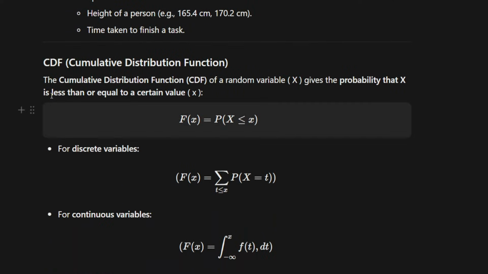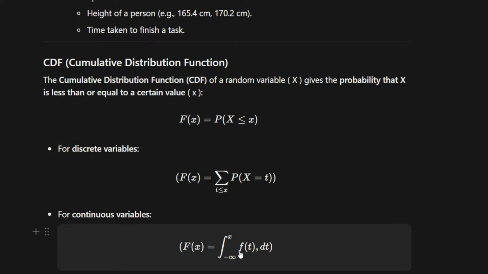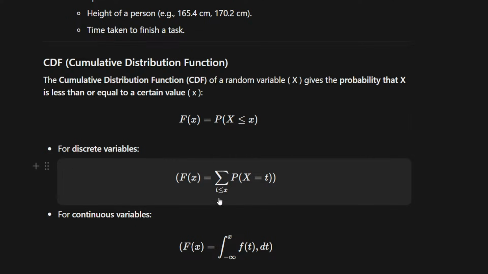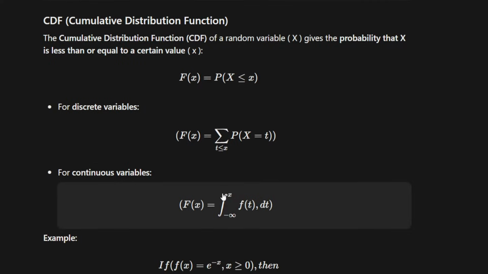And what is CDF? The CDF of a random variable x gives the probability that x is less than or equal to a certain value x. To find that, you integrate from minus infinity till x. For discrete variables, it is the summation of p of x equals t, where t is less than or equal to x.